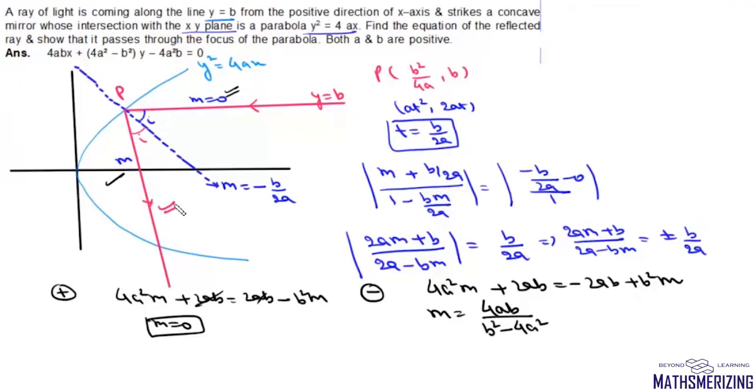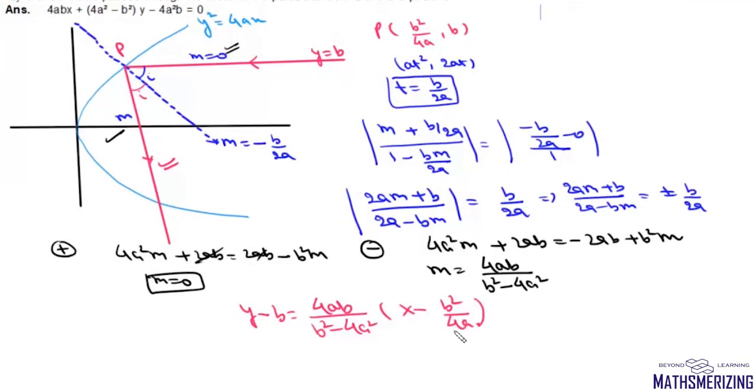Now we can write its equation also. The equation of the reflected ray will be y minus y1 equals m times (x minus x1). So y minus b equals m times (x minus b square upon 4a). Now we can simplify this condition. So we'll write this as (b square minus 4a square)(y minus b) equals 4ab (x minus b square upon 4a).